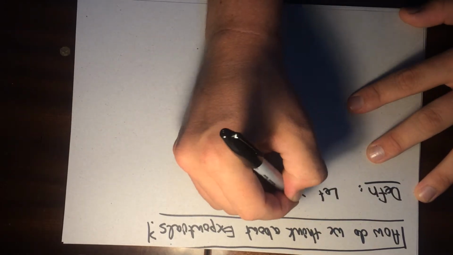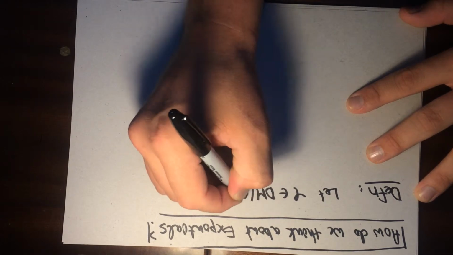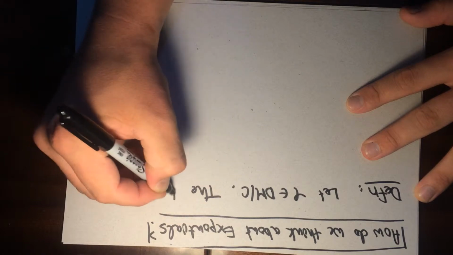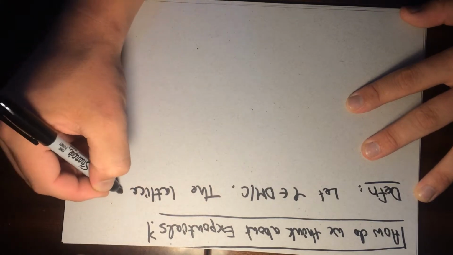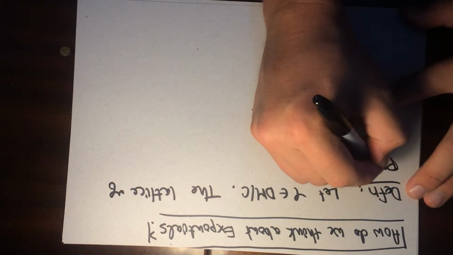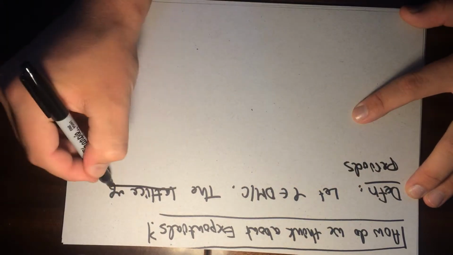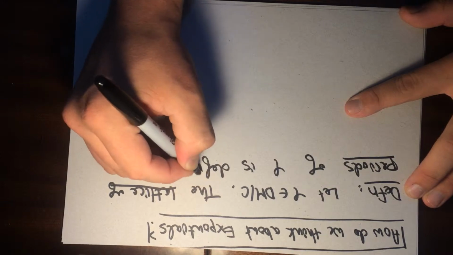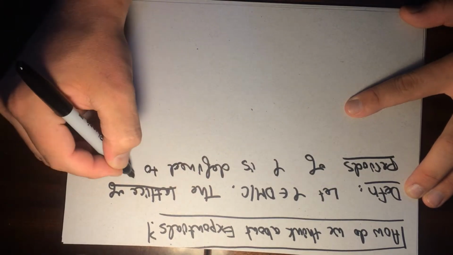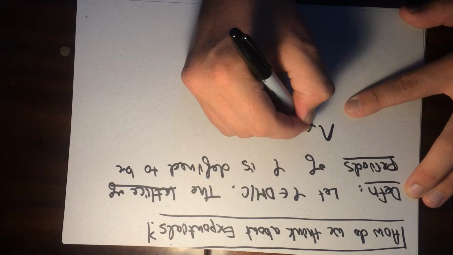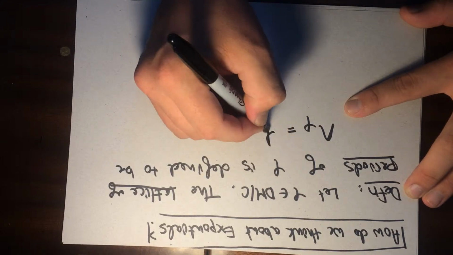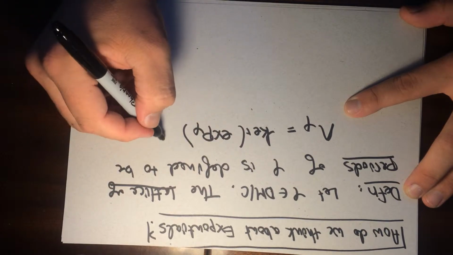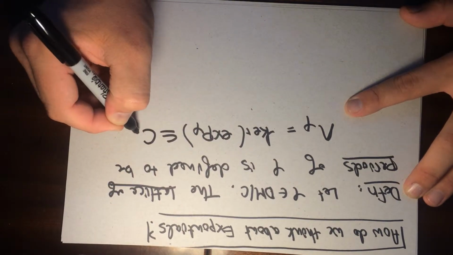Let phi be a Drinfeld module over C. Then the lattice of periods of phi is defined to be this lattice here. It's defined to be the kernel of the exponential associated to the Drinfeld module, and this is contained in C.